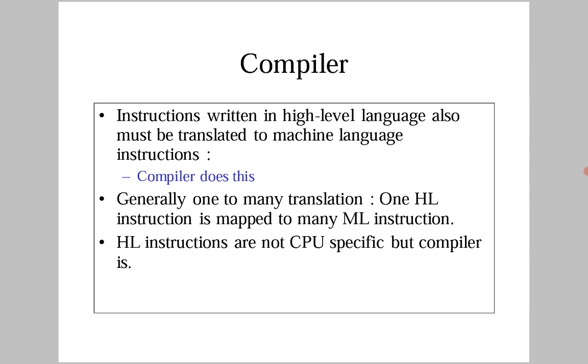It is also an application program. Instructions written in high level languages must also be translated to machine language instructions, and the compiler does this. Generally it is a one to many translation. One high level language instruction is mapped to many machine language instructions.